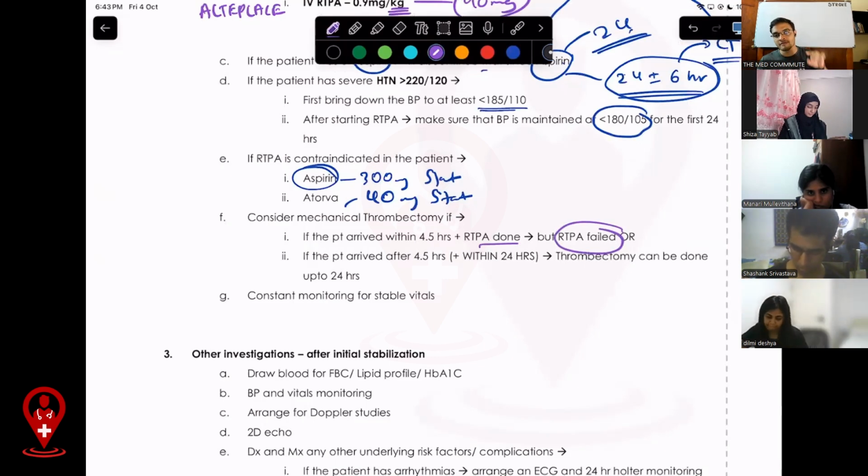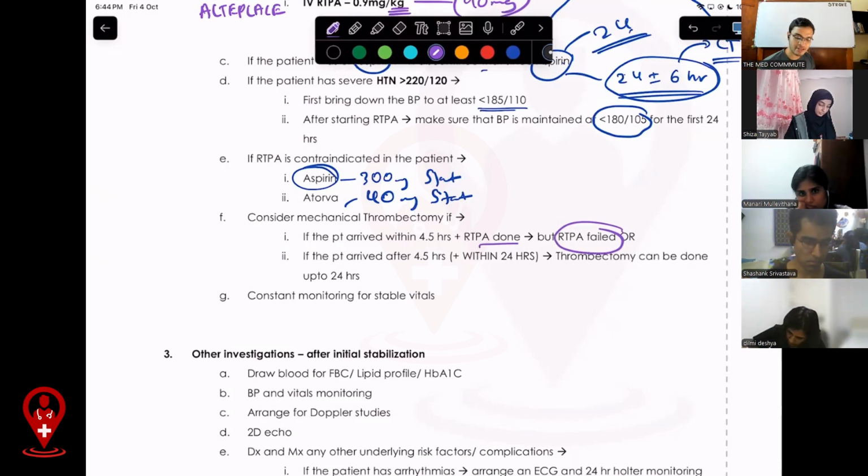We are basically putting a finely guided wire all the way up to the affected area, and we are trying to break this thrombus. They might even put a stent sometimes, depending on the procedure. There are some new instruments where they go and drill into these thrombus areas. Very interesting.